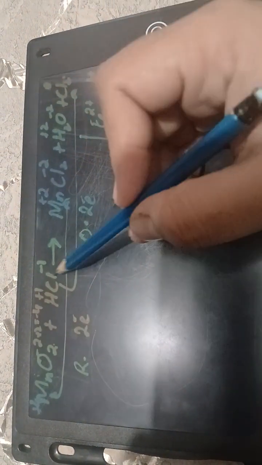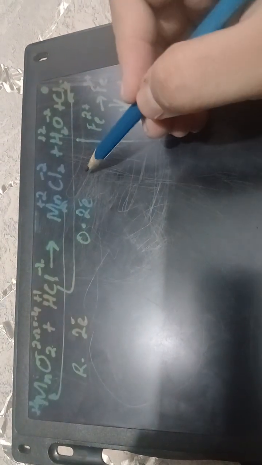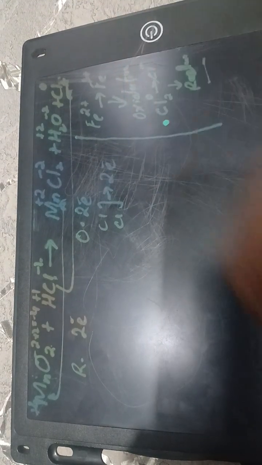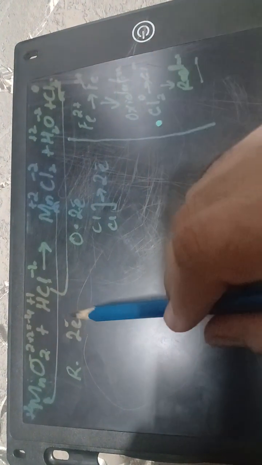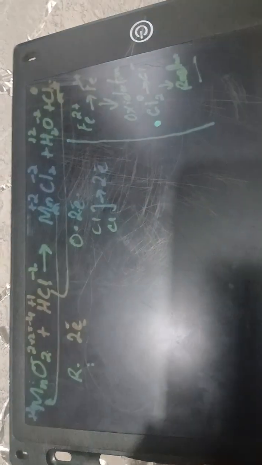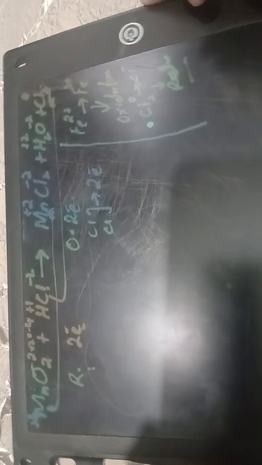How is it 2? 1 chlorine lost 1 electron, and in Cl2 we have 2 chlorines, so 2 electrons. The next step is to balance these electrons. As we can see, these electrons are already balanced, so there is no need to carry out this step.